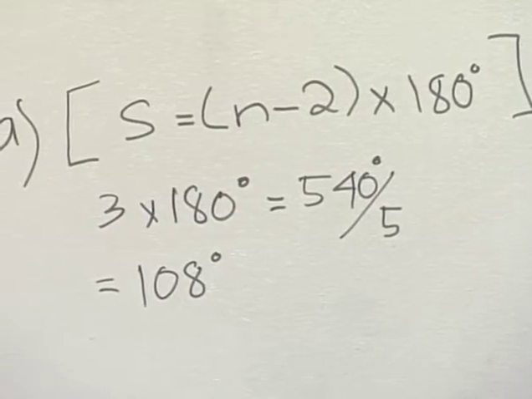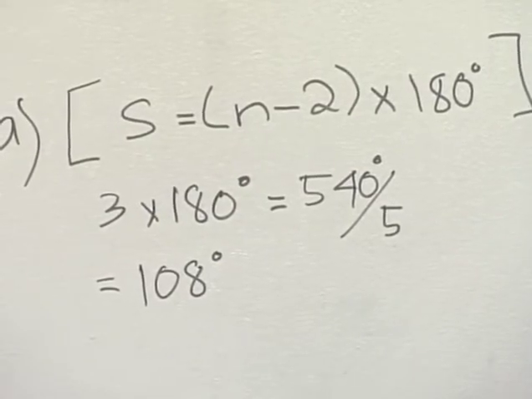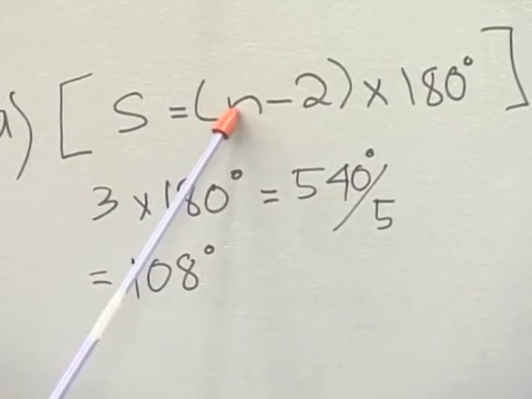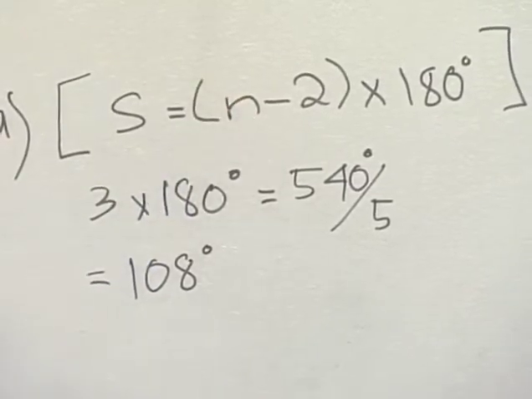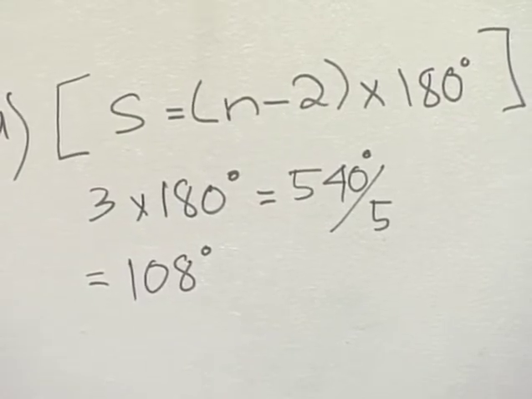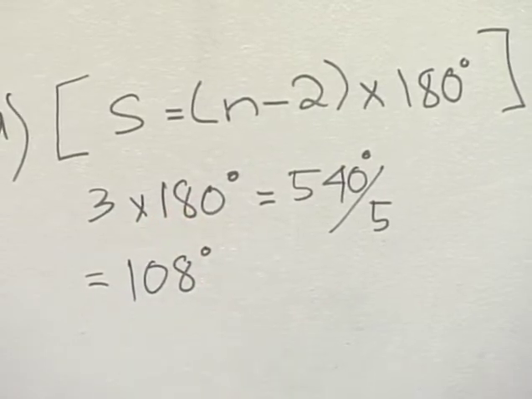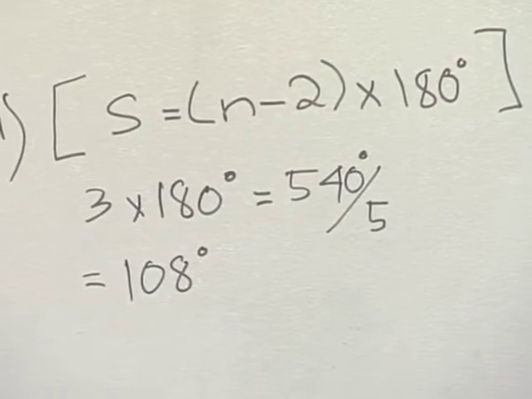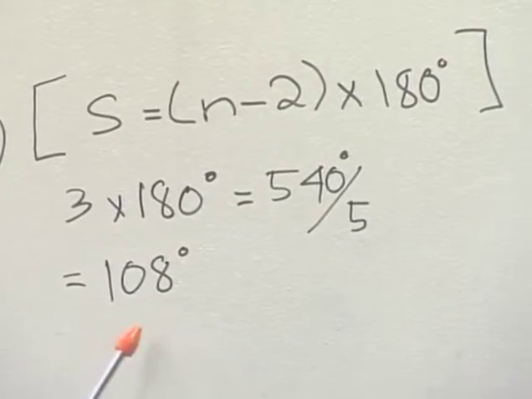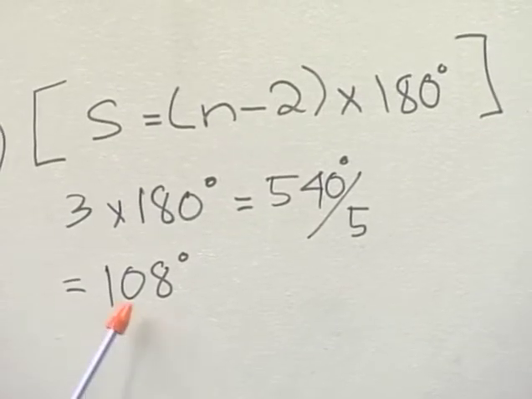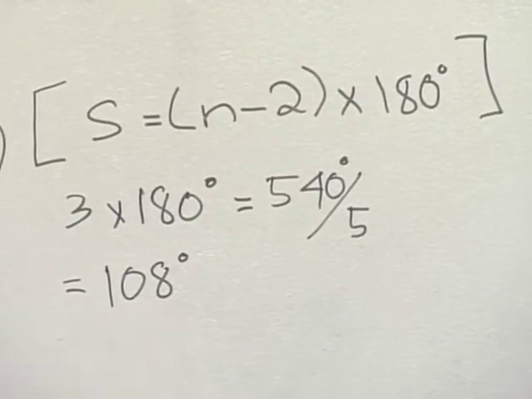How many sides does a regular pentagon have? 5. So 5 goes in place where letter n is. So 5 minus 2 is equal to 3. So 3 times 180 degrees is equal to 540 degrees. So is this answer correct? Yes. Okay, very good.